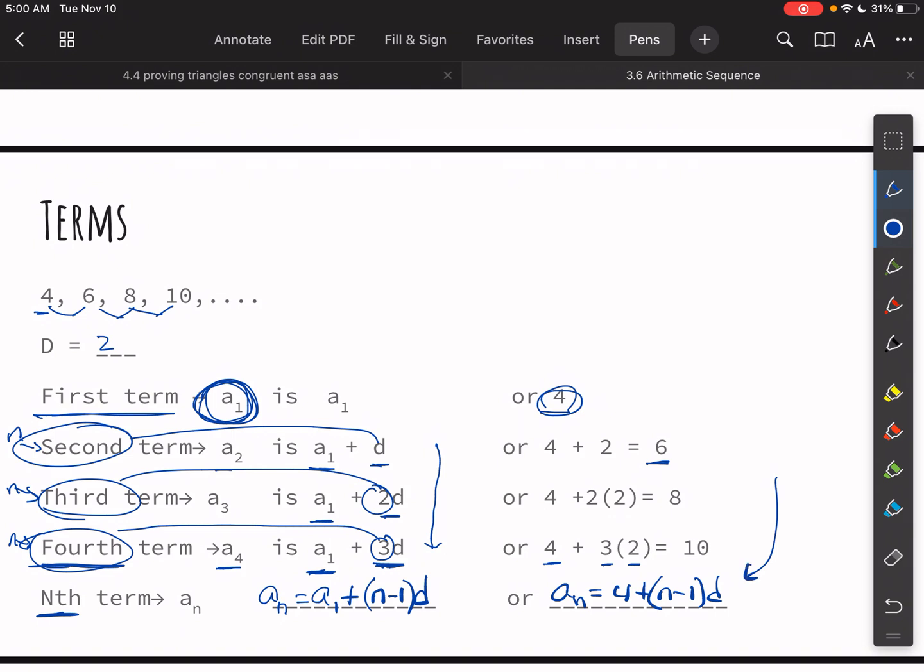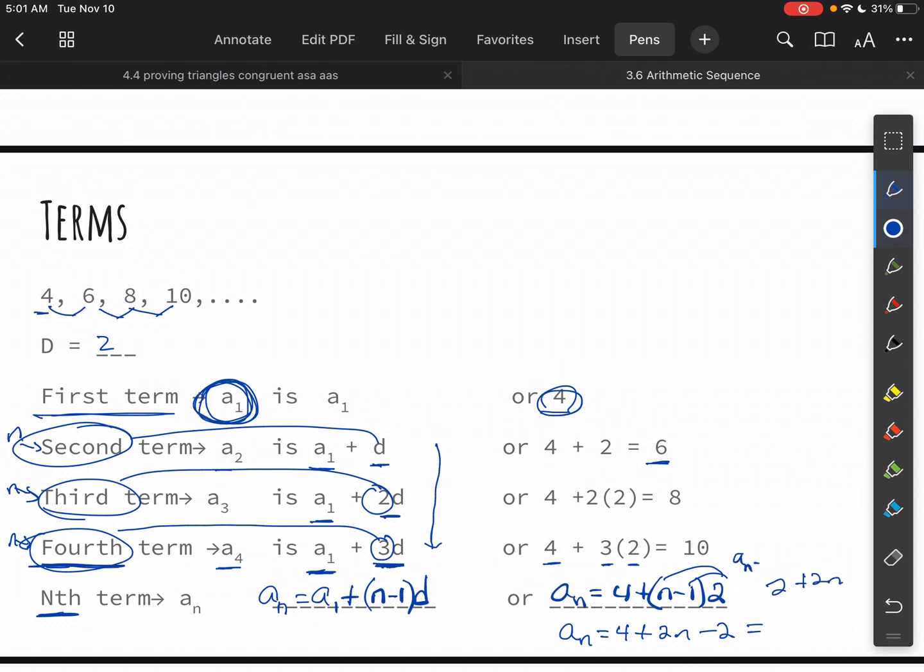This would give me, for this particular sequence, any term that I wanted. And actually I know d, so I'm going to plug that in. D here is 2. Okay, so I can simplify this a little bit by using my distributive property, right? And I can say that a sub n is equal to 4 plus 2n minus 2, which is equal to just 2 plus 2n.